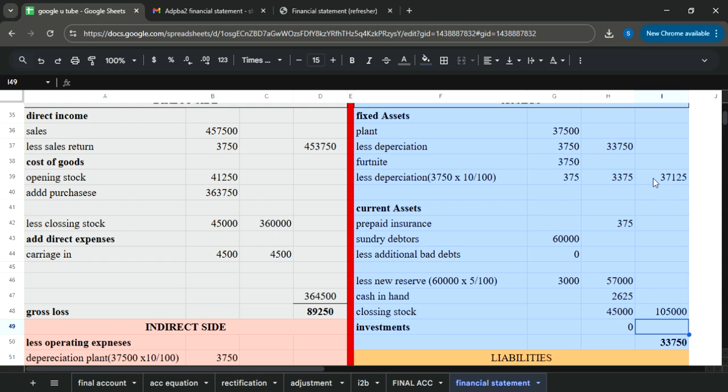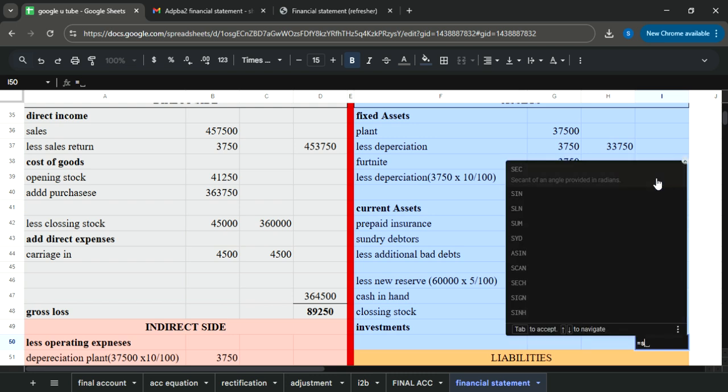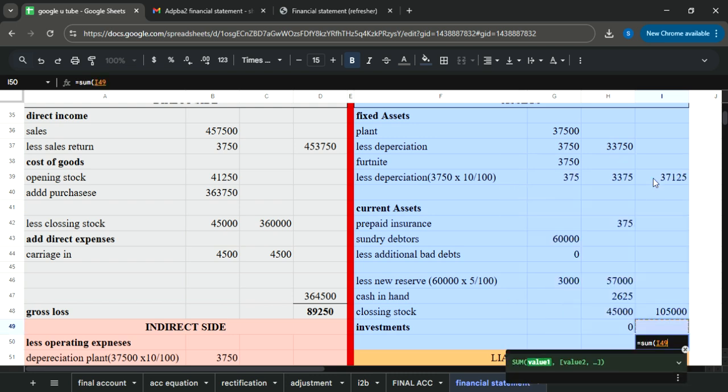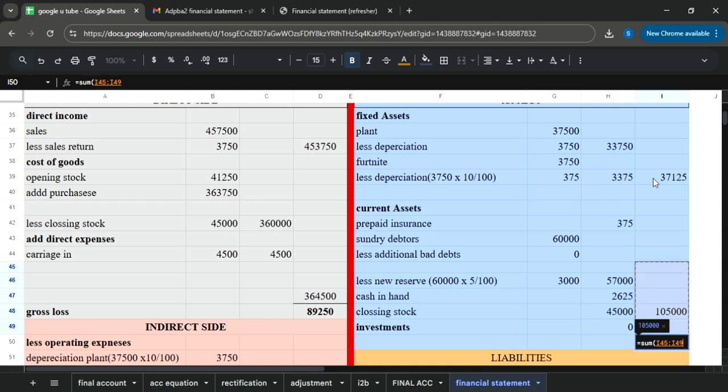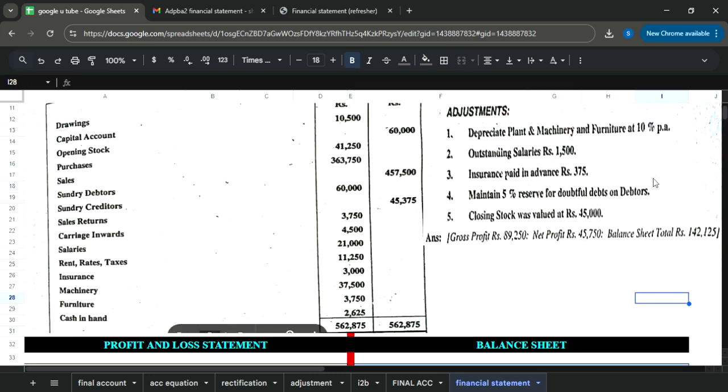So sum of all current assets. Finally we are ready to take sum of all fixed and current asset. So you have got 142,125, and answer was 142,125.